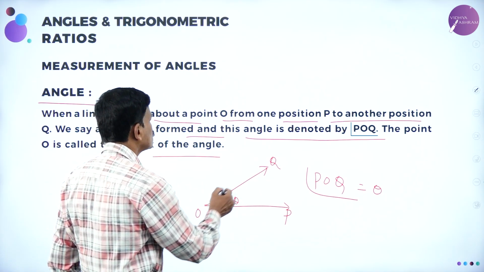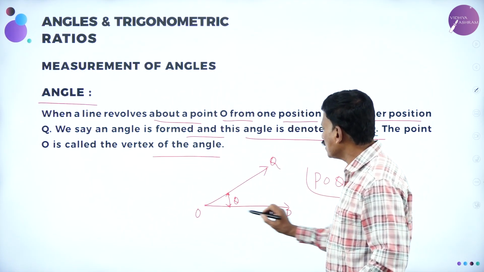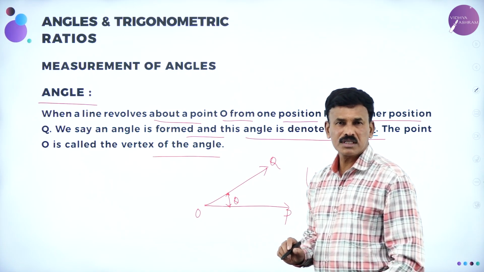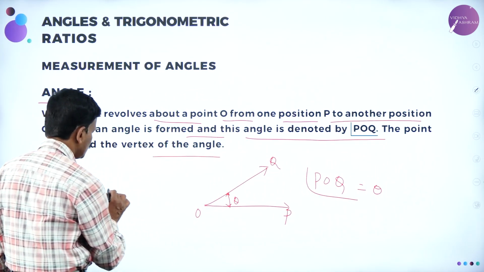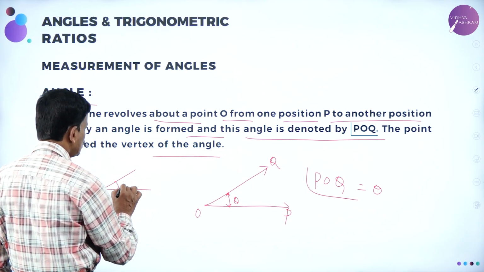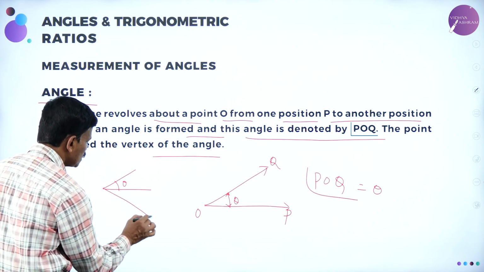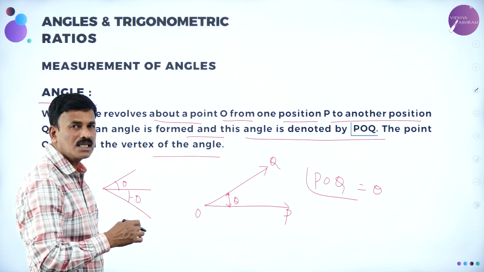So O is the vertex of the angle POQ. If the initial line revolves in one direction, an angle is generated; if it revolves in the opposite direction, that is a negative angle.